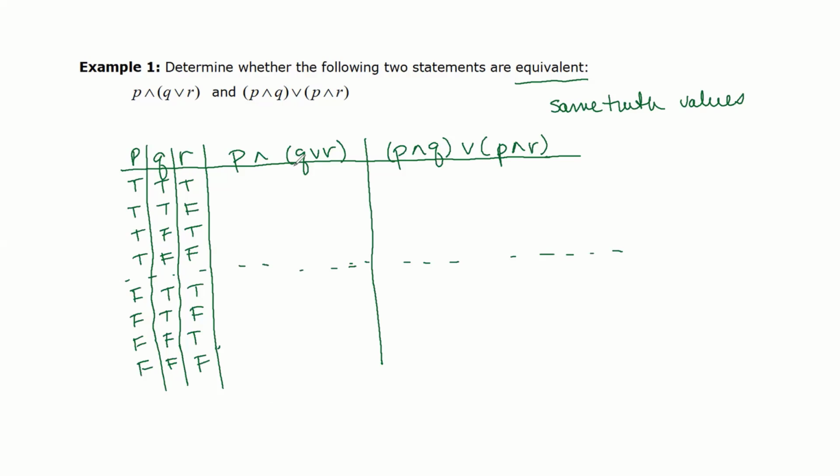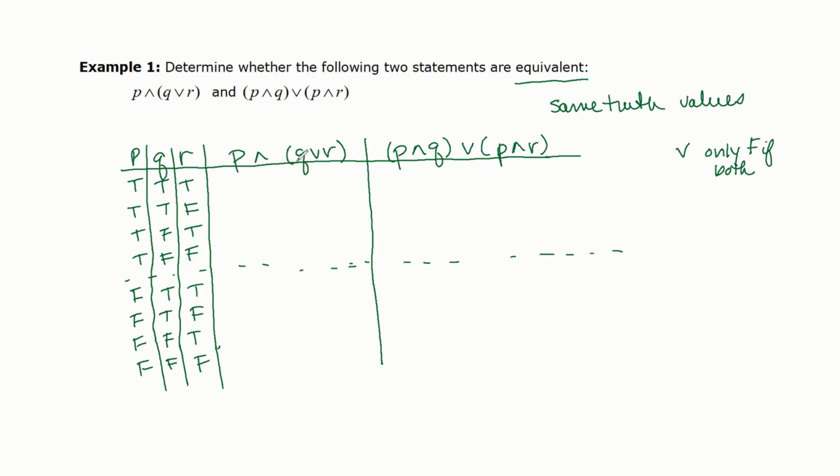Okay. So in the first statement, we're going to do the Q or R. We're going to be looking at these two columns, and I'm not going to write it down this time. I'm just going to do the or of these two columns. And we remember an or statement is only false if both are false, or we can say we just need one to be true.